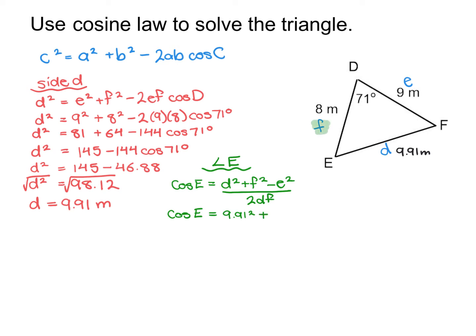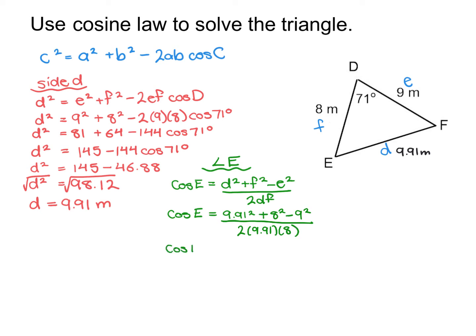Well, F we know happens to be 8, so we're going to write 8 squared instead. Minus E squared, and E happens to be 9 meters, so we're going to write 9 squared instead of E squared. All of that over 2 times D, which is 9.91, times F, which is 8.